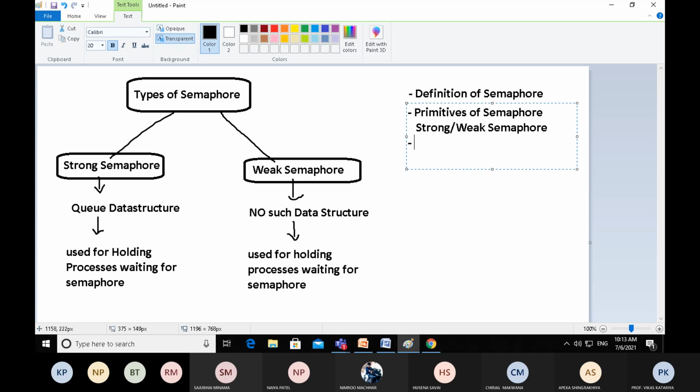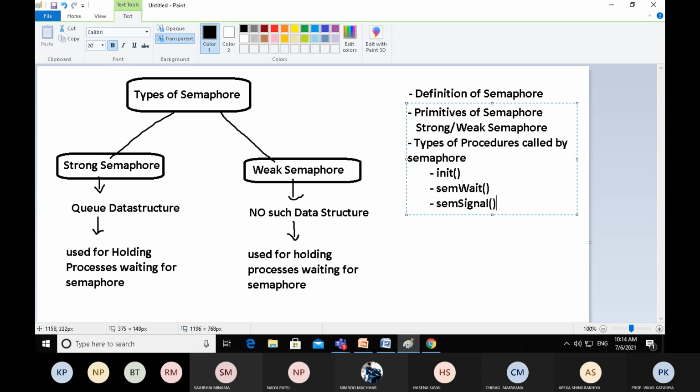And third one, different types of procedures, in which you have to discuss the init procedure, the semWait procedure, and the semSignal procedure.